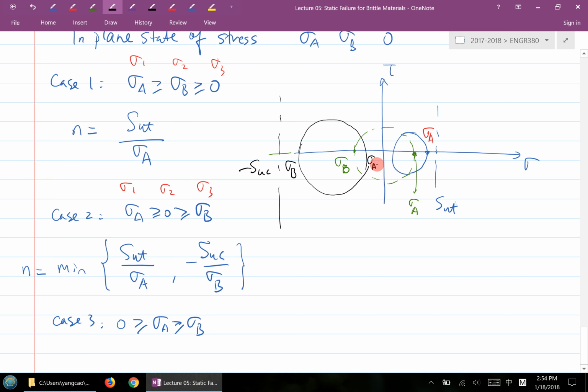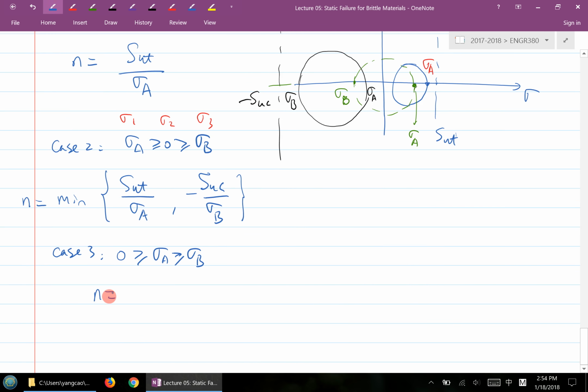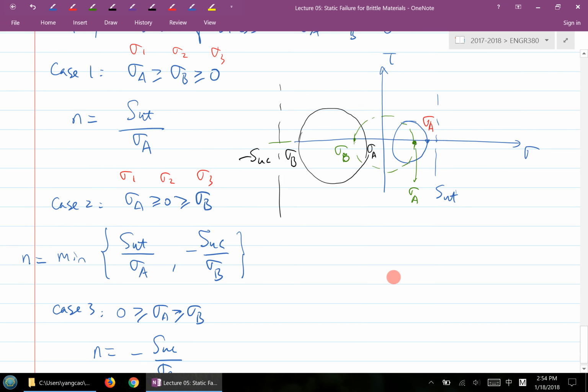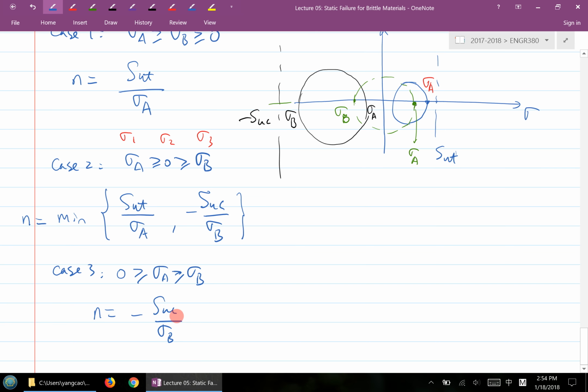It will always be on the left side of the plane. If that's the case, then the only possibility for a failure is when sigma B goes beyond this negative SUC, right? And your safety factor is basically a ratio between these two. Good? That's it.